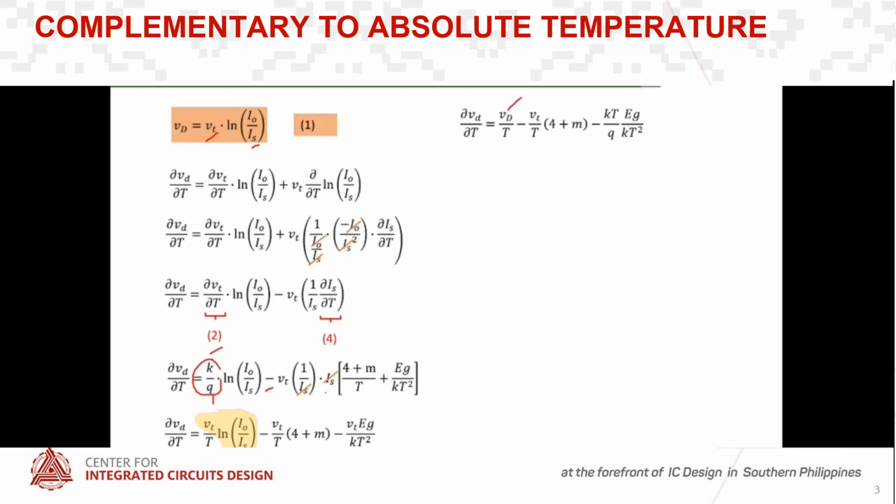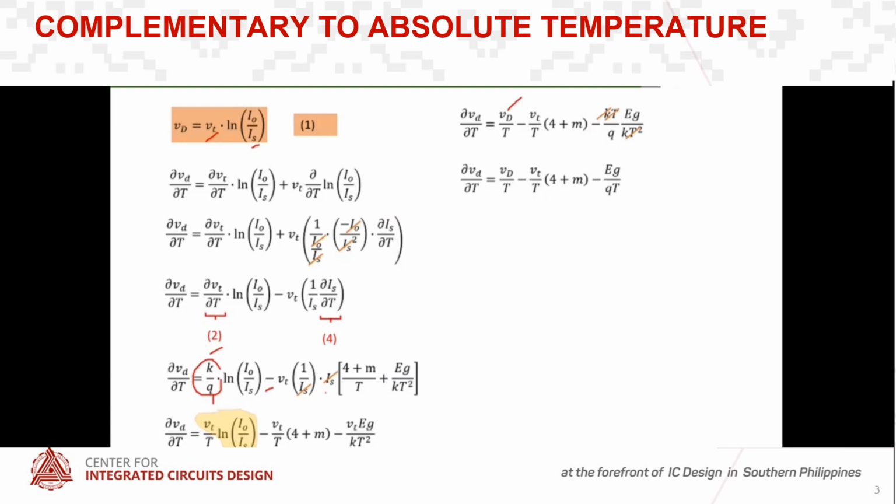So the partial derivative of the diode voltage with respect to temperature is equal to Vd over T minus Vt over T times (4 plus m) minus kT over q times Eg over kT squared. Substituting kT over q so that the temperature and k cancel, we have the partial derivative of the diode voltage with respect to temperature equal to Vd over T minus Vt over T times (4 plus m) minus Eg over qT.